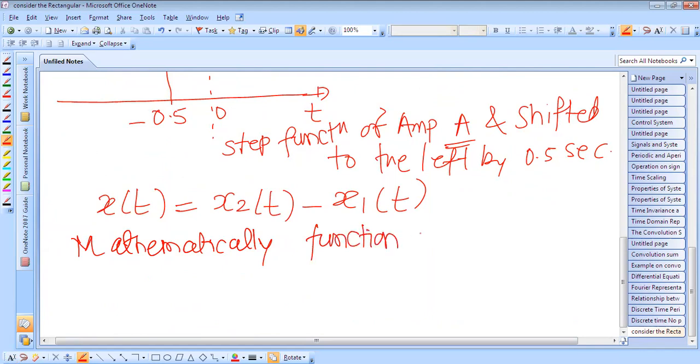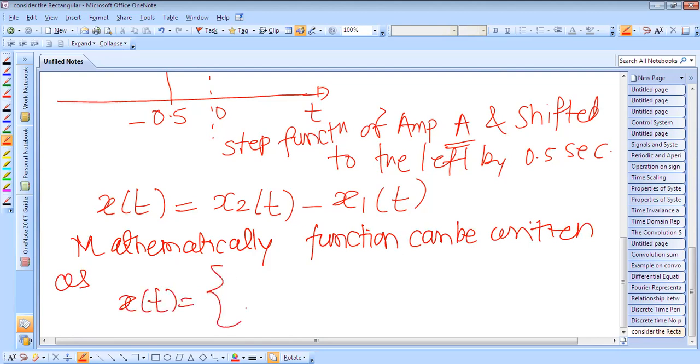Mathematically the function can be written as x of t is equal to A, the amplitude, for the time which is greater than or equal to 0 but less than 0.5.